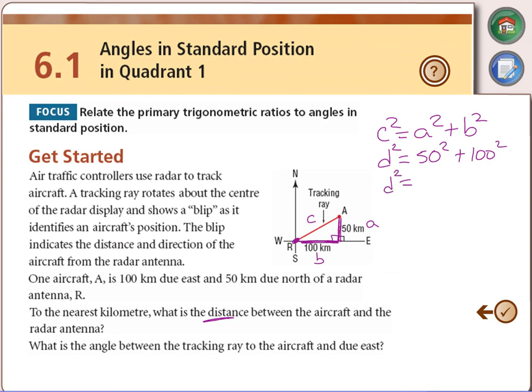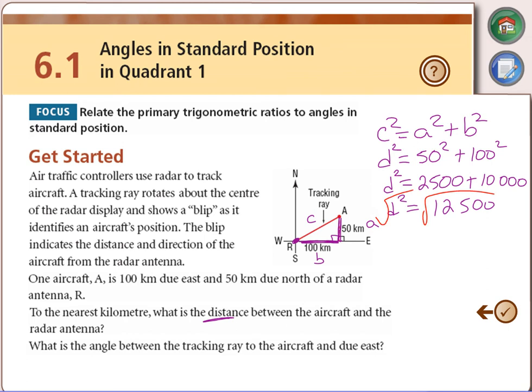So d squared is equal to 50 squared, that's 2,500, plus 100 squared, that is 10,000. Add them together, that gives us 12,500, and that's still d squared. But I want to know d, so we're going to square root both sides. Now, when you take the square root, it's plus or minus, except when we're talking about distance like this.